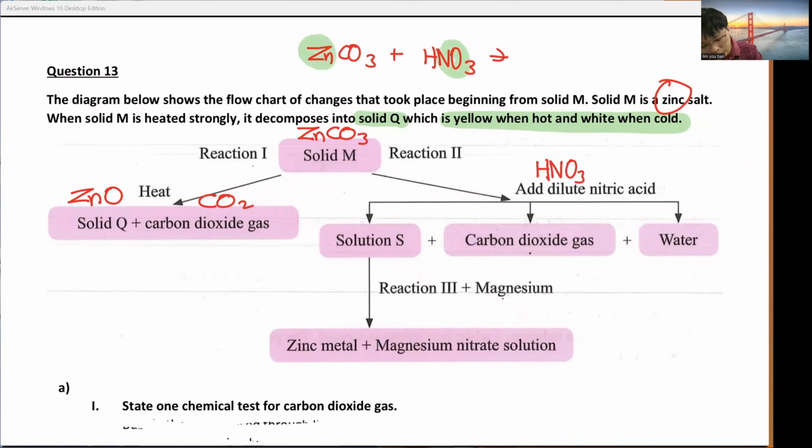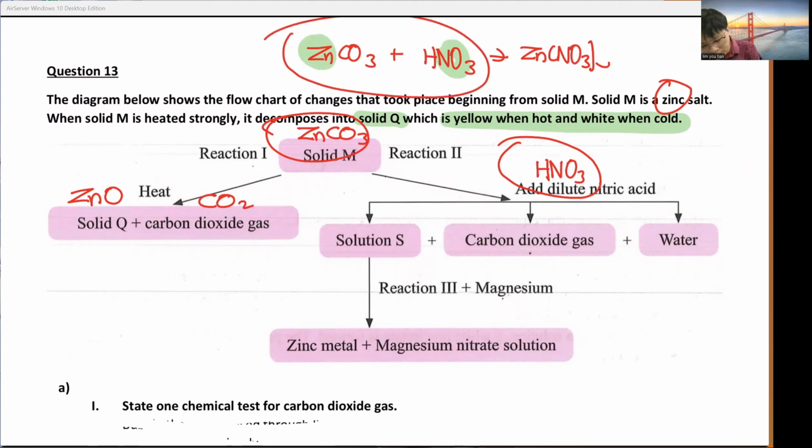Zinc with nitrate will become zinc nitrate. So this one is solution X. You see this one plus this one, it becomes zinc nitrate solution. Then CO3 will come out as CO2, standard. Then H and O will become water.